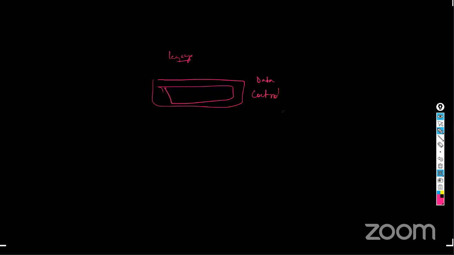In the case of the legacy boxes, all three planes are embedded in one single chip. You have your data plane, your control plane, and your management plane. The problem with these kinds of boxes is that even a fluctuation on the CPU or on the resources, you will see the packets start dropping.